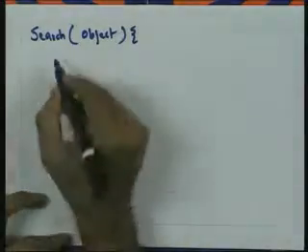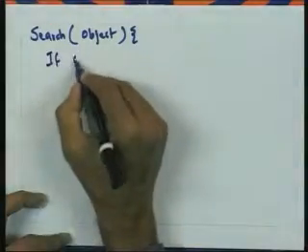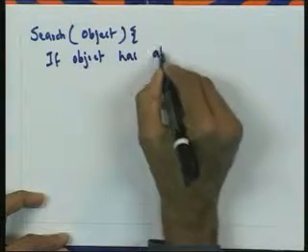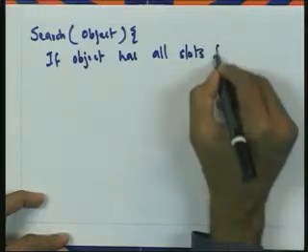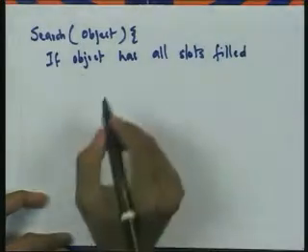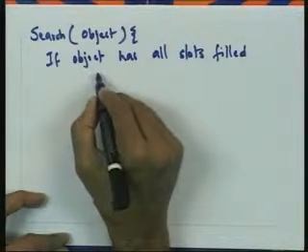So what does this do? If the object has all slots filled, which is to say that it is a leaf, then we are going to check constraints.